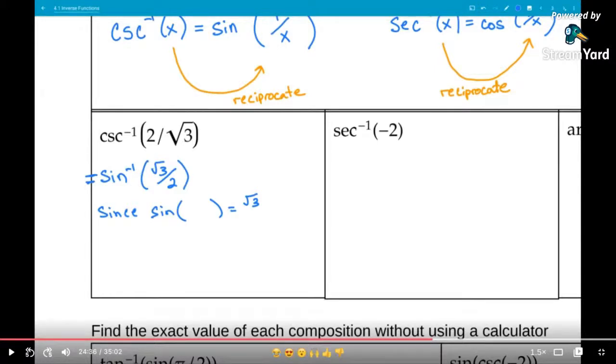How do I find the inverse sine of square root of 3 over 2? Well, I think to myself, what angle of rotation between negative pi over 2 and pi over 2 has a sine of square root of 3 over 2? And the answer is pi over 3. Therefore, our final answer to all this is pi over 3.